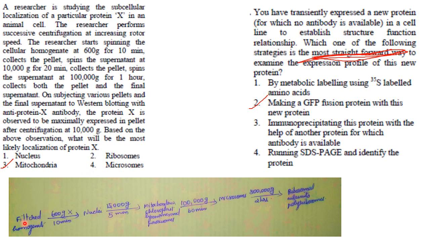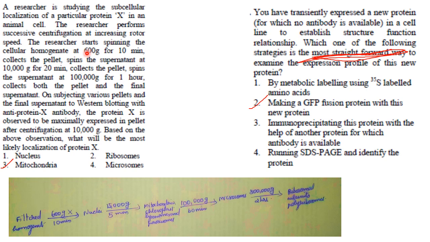Based on the above observation, what will be the most likely localization of protein X? Now, if you remember this, you can easily answer this question. The question is really very big, but it is very simple. The researcher wants to study subcellular localization of protein X in the animal cell, so he performs a centrifugation experiment by increasing the rotor speed.